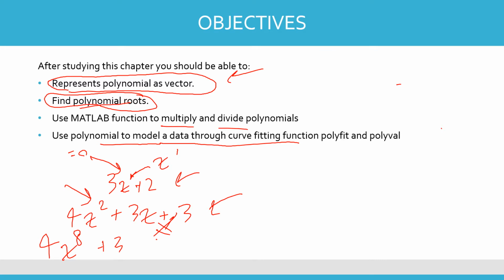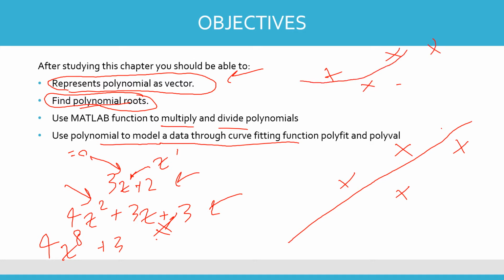For example, you have data points here, and you want to curve fit first order, or you have data like this and you want to curve fit second order. Basically, it will try to find a polynomial equation that fits all the data you have. It may or may not intercept the points; it will try to find the closest one.